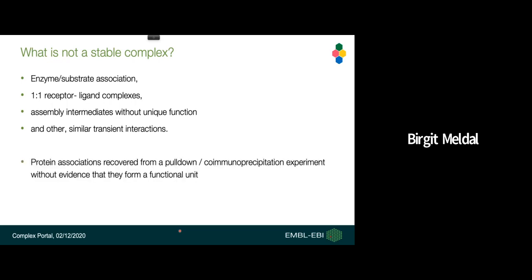Finally, we don't curate simple associations recovered from pull-down or co-immunoprecipitation experiments because, again, we don't have the functional information at that point. We have to wait for the functional experiments to be conducted as well, and then we can curate the complexes.